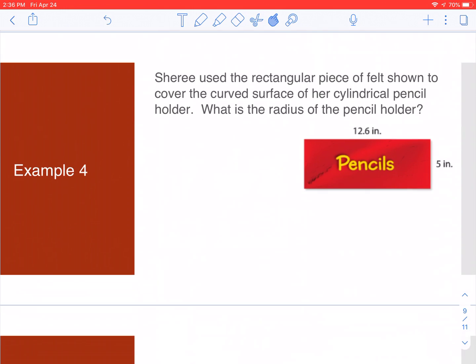Now it's asking what is the radius. What we can see here is that this is the circumference, because if I roll that into a tube, that would be the distance around the circle. 5 would be the height. So if circumference equals, we're going to go back to this equation and solve.